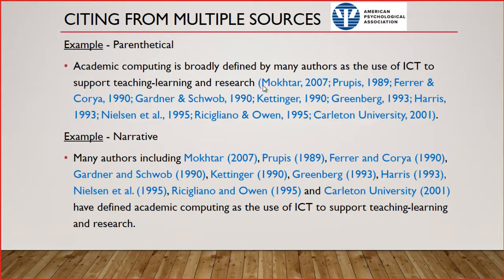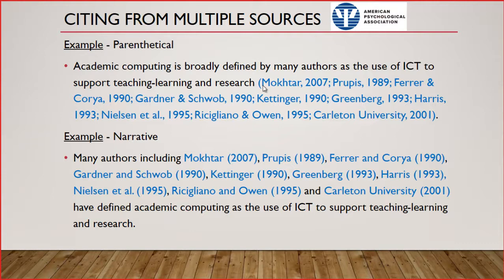Now you start the second paragraph, which also refers to Mohtar. Because there is a gap between paragraphs, it's like terputus, a break of content. So although paragraph number 2 also cites Mohtar 2007, you have to do it again.